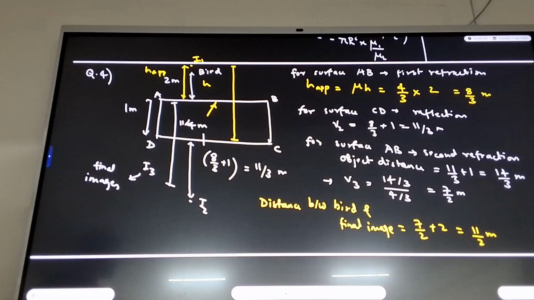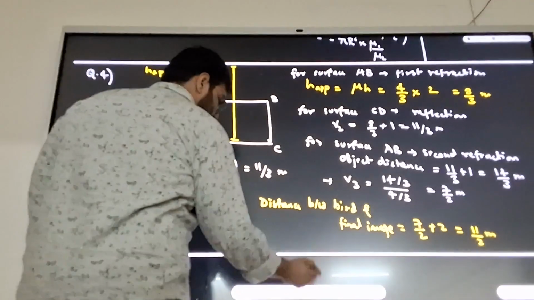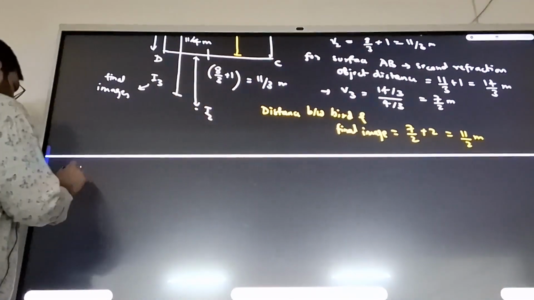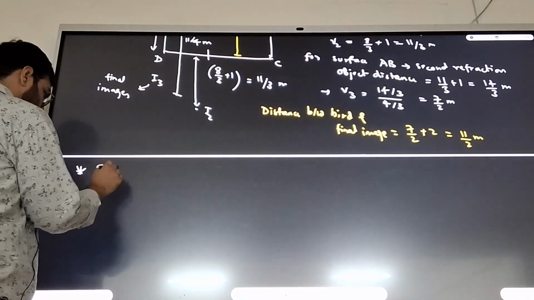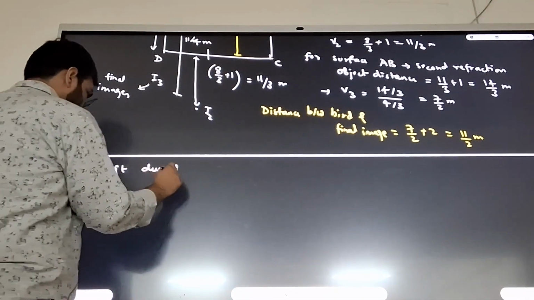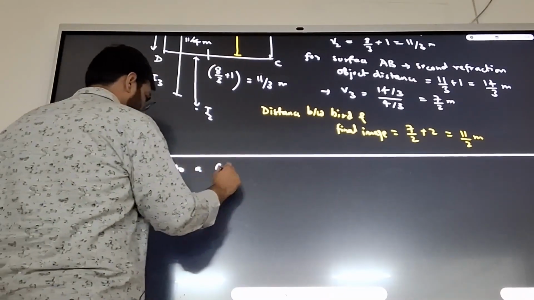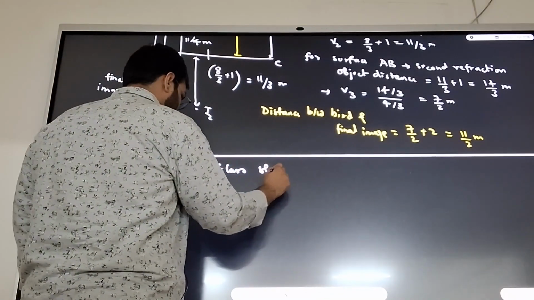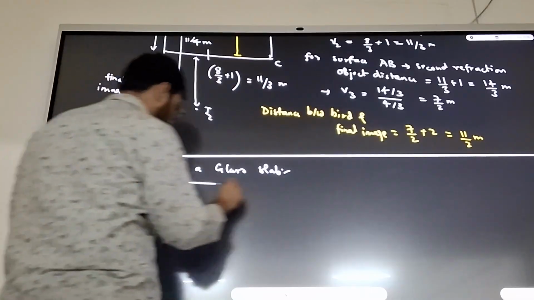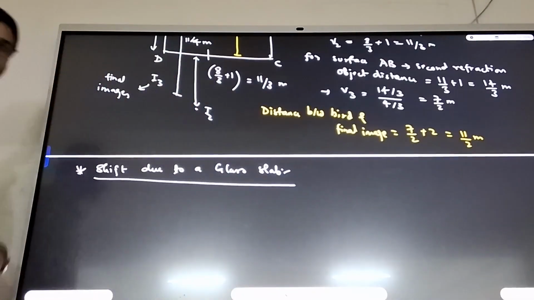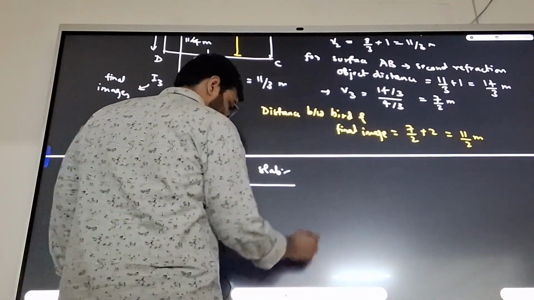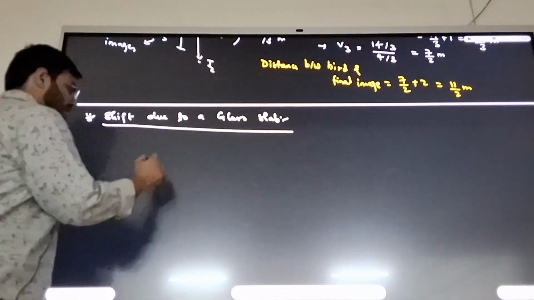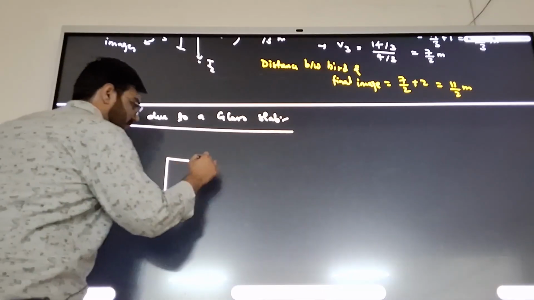Can I start? Great. Shift due to a glass slab. So it's something like this. Let's say you have a glass slab.